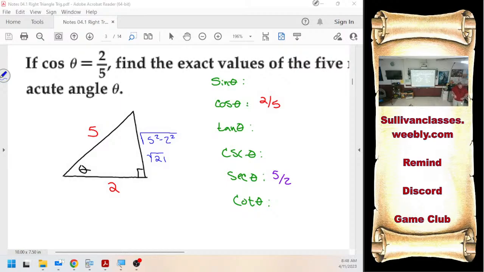Yes, you do put the plus or minus there, but then the negative will always be discredited because it's not possible. So when I go to the other ones, I got to make sure that I rationalize. Sine is opposite over hypotenuse, square root of 21 over 5. That's no big deal. But what about when I go to its reciprocal?